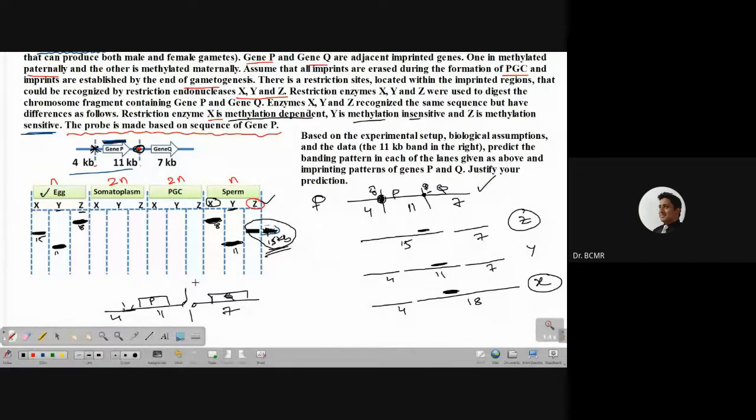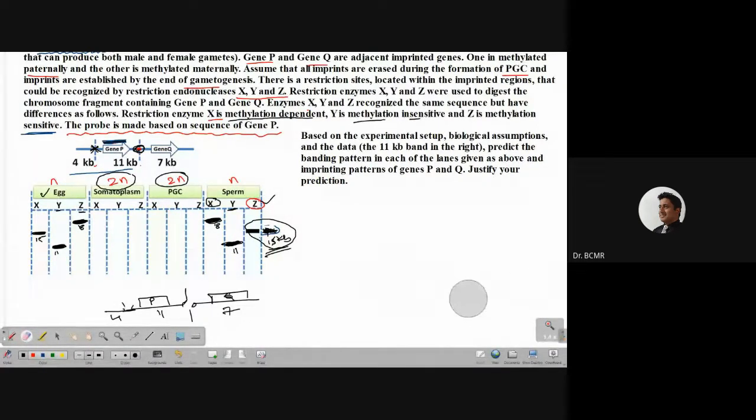What else you have to consider is in somatoplasm we have 2N, and also in primordial germ cells they are biparental. So we actually have to consider more things, right? If it is biparental, we will have something like this. So gene Q will have P. One of it is inherited from the paternal allele, the other one from the maternal allele.